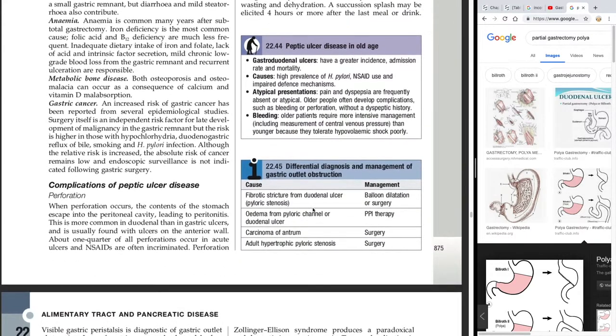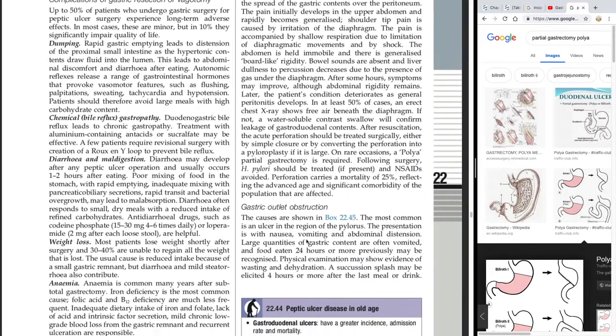Ulcer can cause edema as well, and a chronic ulcer will cause fibrosis, and it might cause a stricture. So these two are the most common causes. Okay, the ulcer is the most common cause.